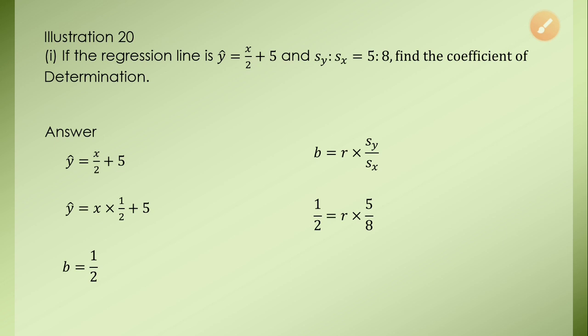Now you can solve it easily. You take the 8 to the left-hand side numerator and the 5 to the denominator, and as you solve, it's 1 into 8, 5 into 2, it's 0.8.